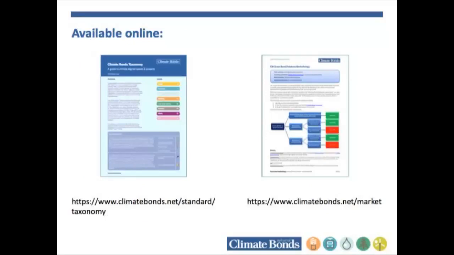So under the standard section, you can also find information on the different sectors, the sector criteria that are available for certification, as well as the ones in development and any that are in consultation. And in the markets section, you can find additional information on the green bonds issued to date, information on new issuers, market blogs, so on and so forth.